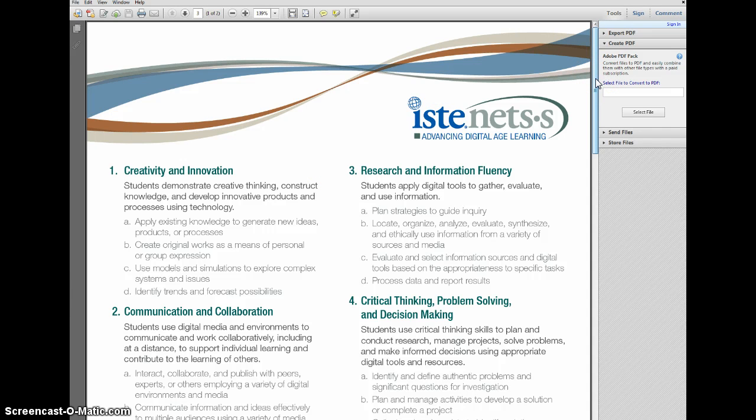The technology standards are not necessarily like curriculum standards where specific skills down to almost tasks are identified. The technology standards are a little more broad and allow for application in different contexts for different subject areas and different grade levels.